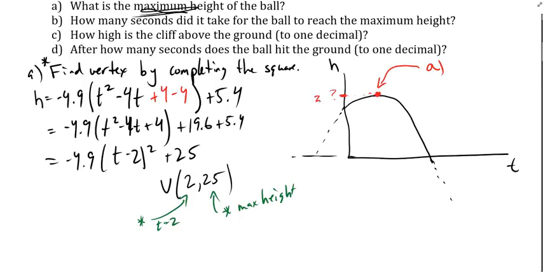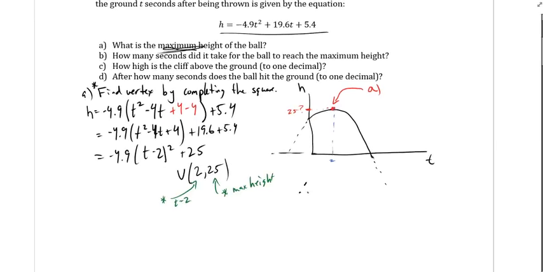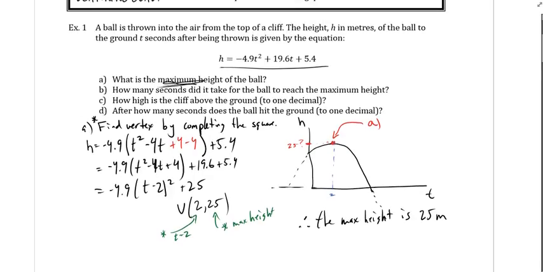So there's 25, and there's 2. So t is 2, h is 25. This question's asking me about h, so therefore the max height is 25 meters, I believe.